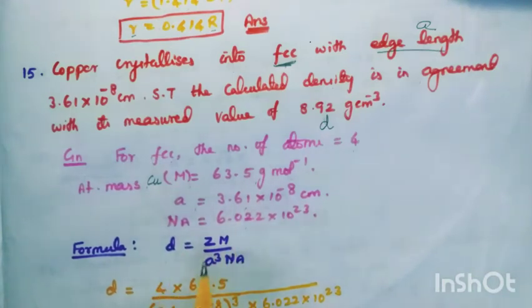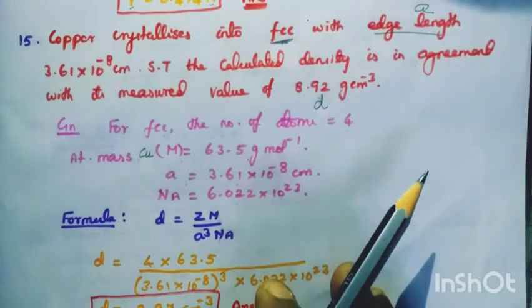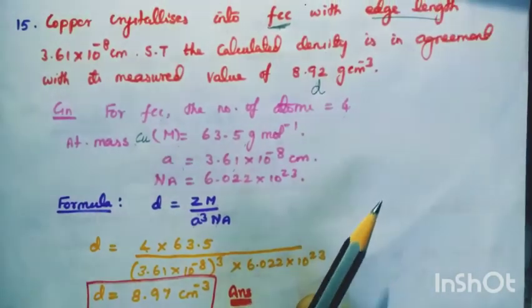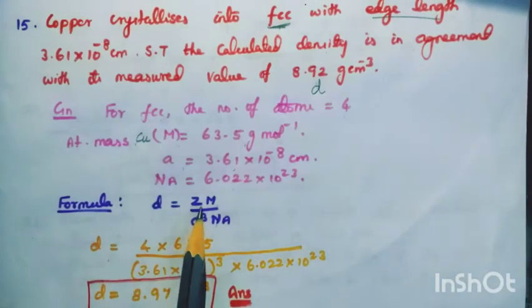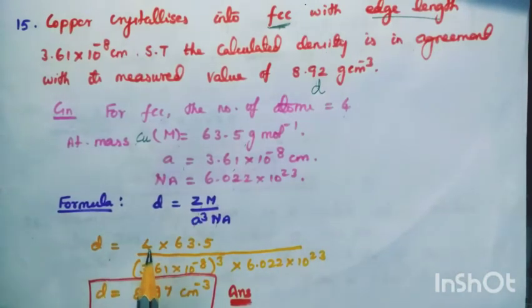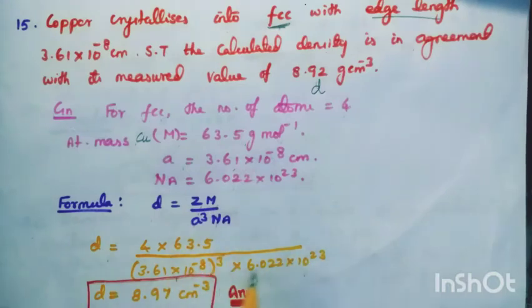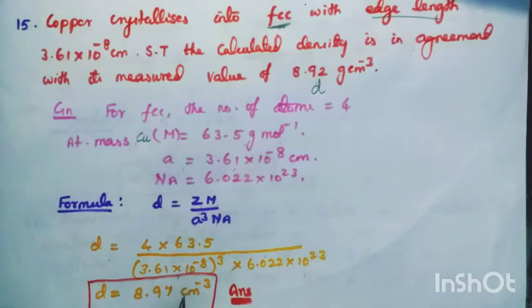The density formula we know: d equals Z M by a cube into N A. Here d is density, Z is the number of atoms per unit cell, FCC is 4, M is atomic mass, a is edge length, and N A is Avogadro number. If you substitute all the values, or multiply using log values, as we already discussed, we get the value of d.